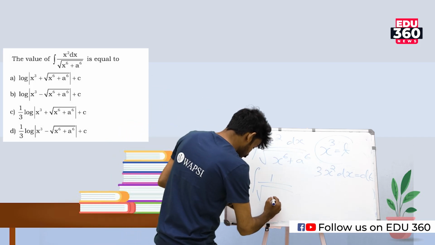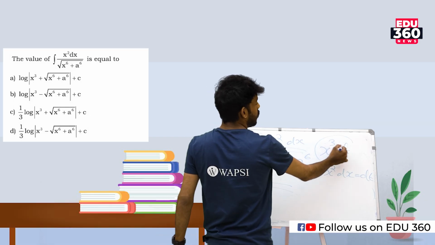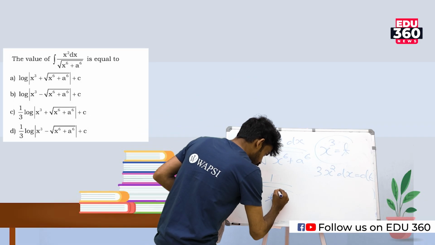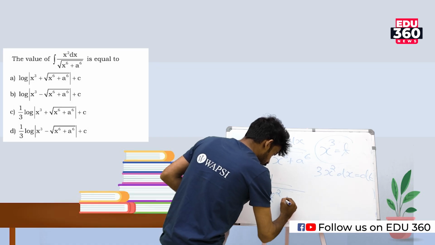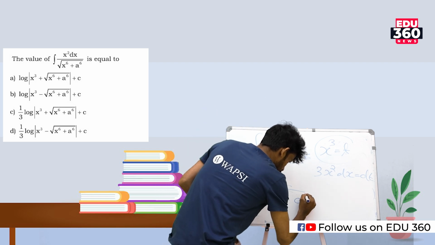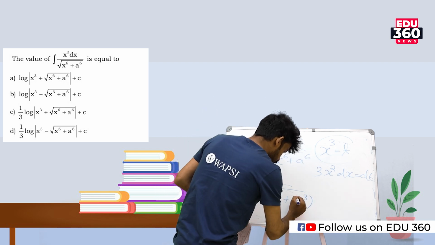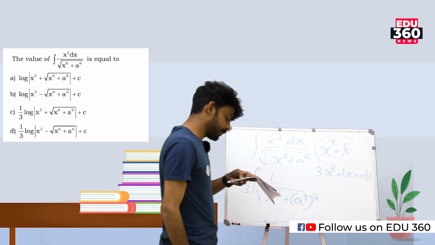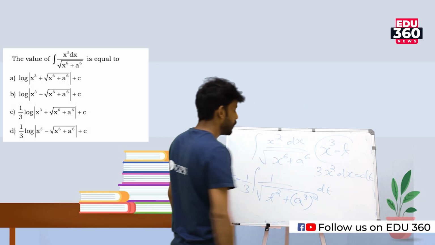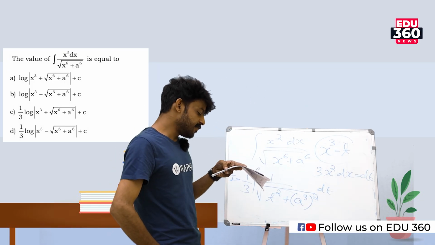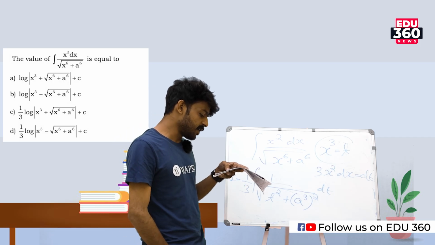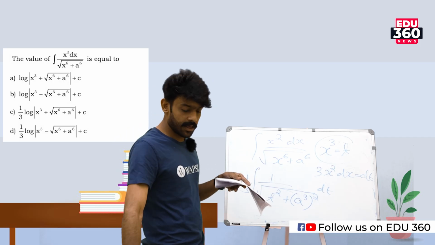So here it will become root of t square plus a cube the whole square dt. So I is equal to 1 by 3 into integral of 1 divided by root of t square plus a cube the whole square dt.